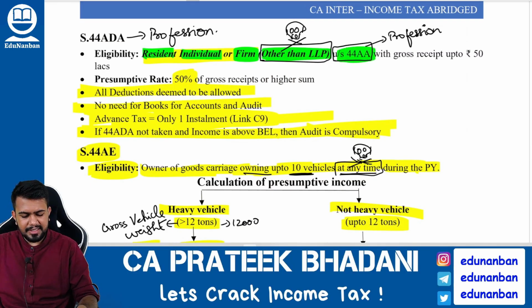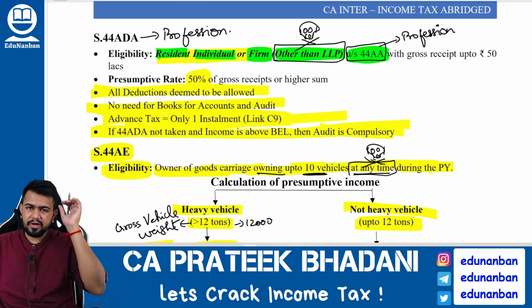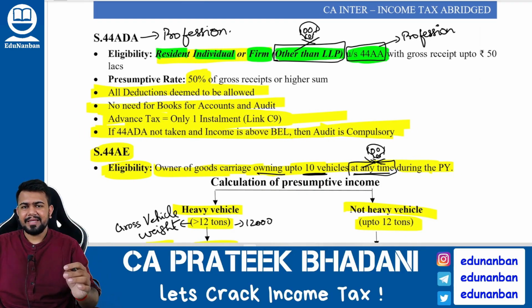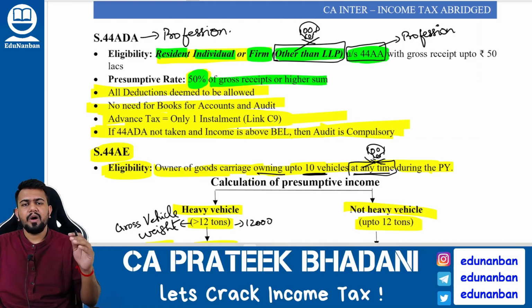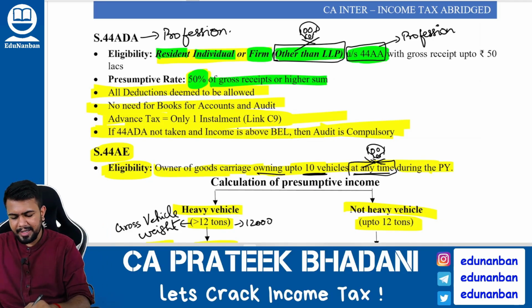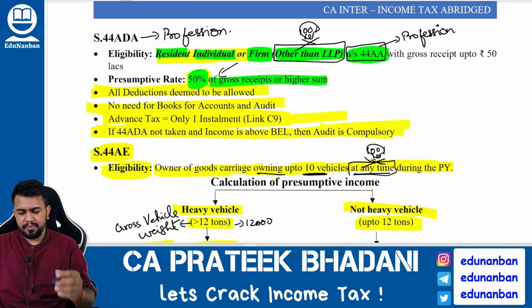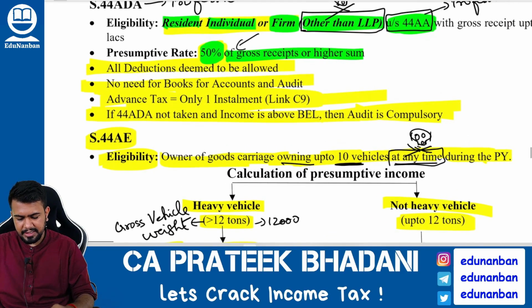Those who are covered under section 44AA can choose section 44ADA. What is 44ADA? 44ADA tells that you show a presumptive income of 50% of the gross receipts, or such higher sum. If the actual profit is higher, then show the higher profit. If actual profit is lower, then show at least 50% as the profit. Then you can come in this 44ADA section.